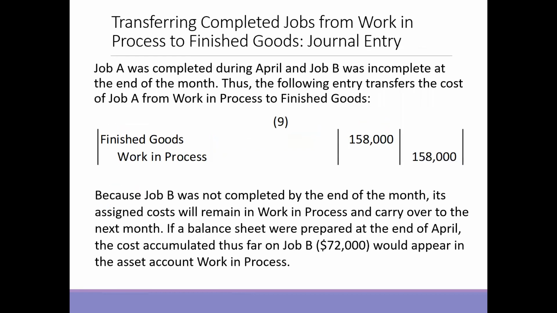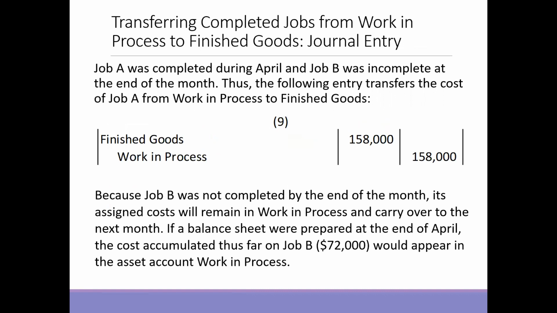Transferring completed jobs from work in process to finished goods shows here a debit to that inventory account, finished goods, a credit to the inventory account, work in process.